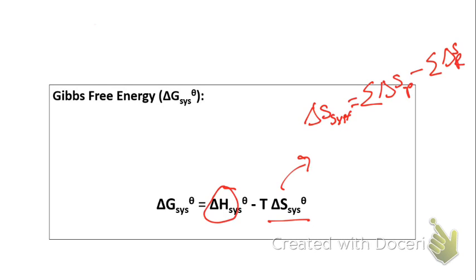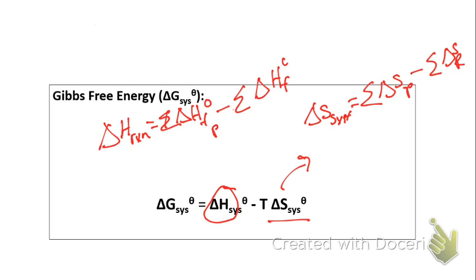For delta H, a lot of times you're going to have to use the delta H of reaction is equal to the sum of the delta H of formation values of the products minus the sum of the delta H of formation values of the reactants, okay? A lot of times you're going to have to use that equation.